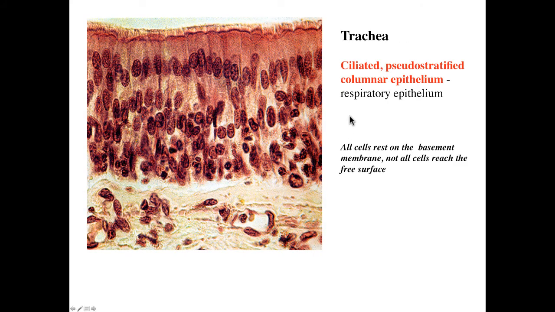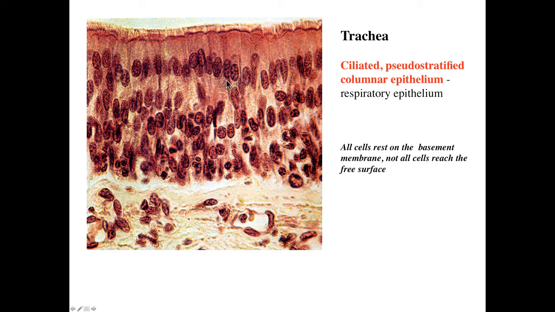Here's a view of the trachea with a ciliated pseudostratified columnar epithelium. This ciliated pseudostratified columnar epithelium may be given the name respiratory epithelium because it's the only area in the body where you find ciliated pseudostratified columnar epithelium, in the respiratory tract.